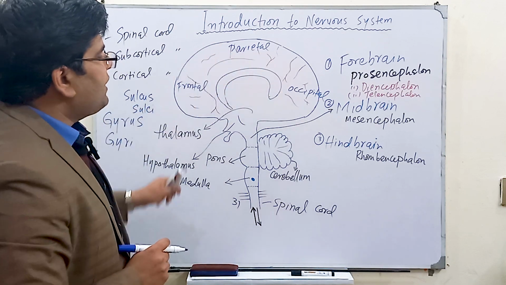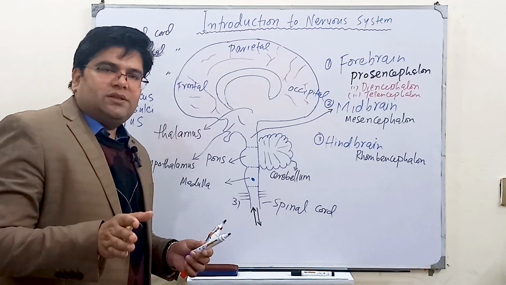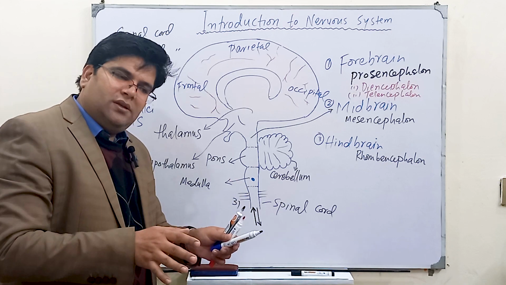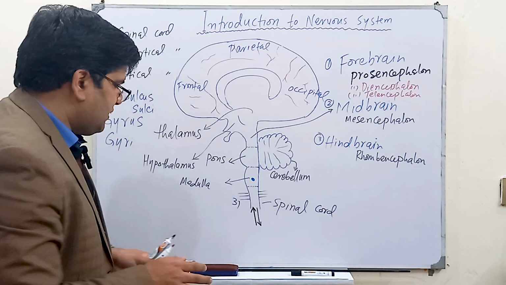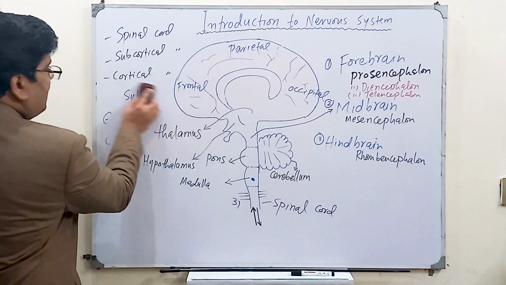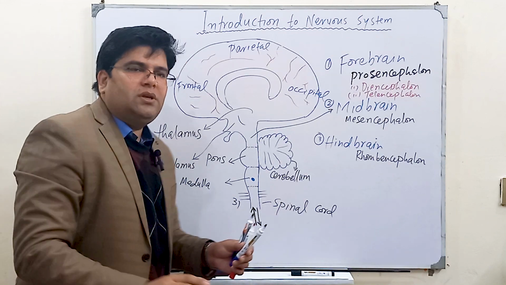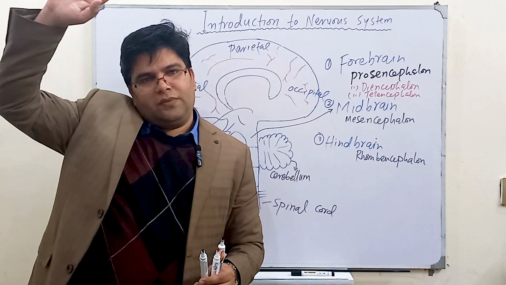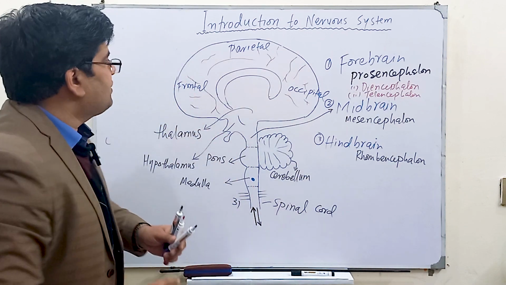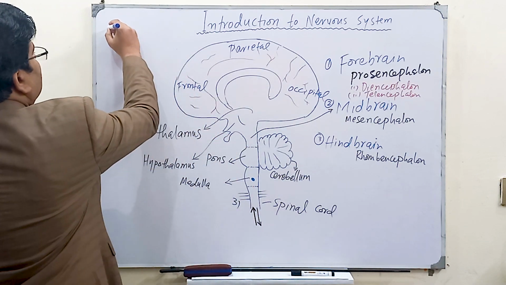The surface of the cerebral hemisphere is the cerebral cortex, and the deeper part is the white matter. If I draw a diagram of the cerebral hemisphere from the coronal view, how will it look? It will be like this.